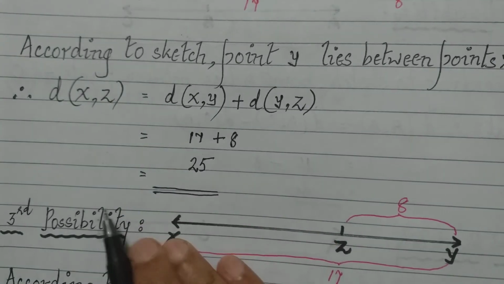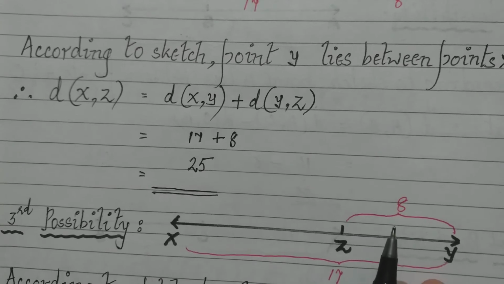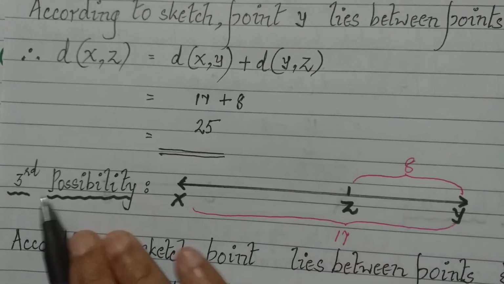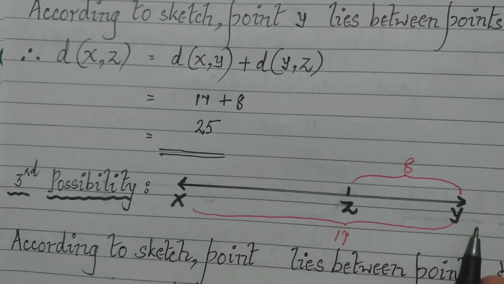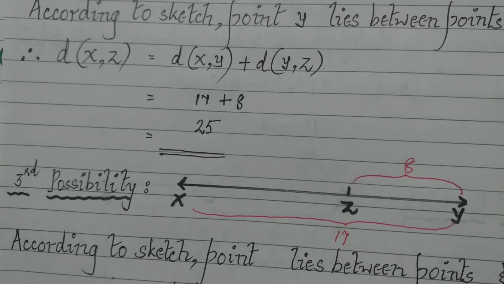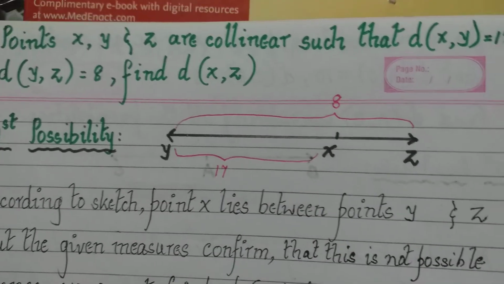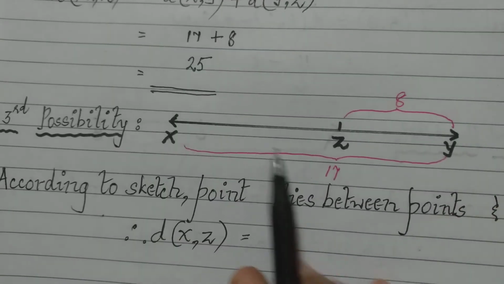Coming to the third possibility, which will be the point lying between the other two? Point z will be lying between the points x and y. So third possibility we see this point z is lying between the points x and y, right? They had given us the measures. What measures did they give?